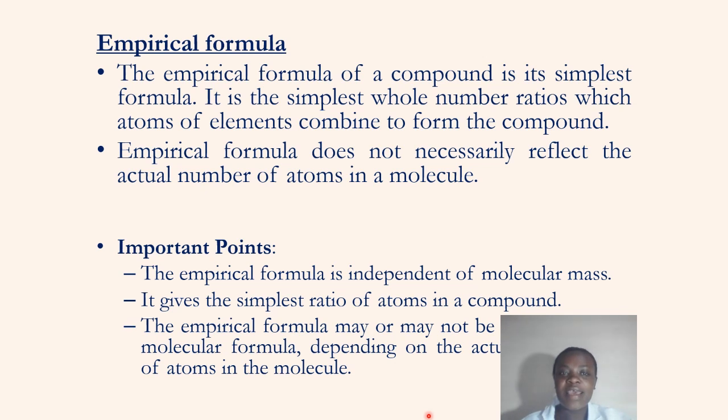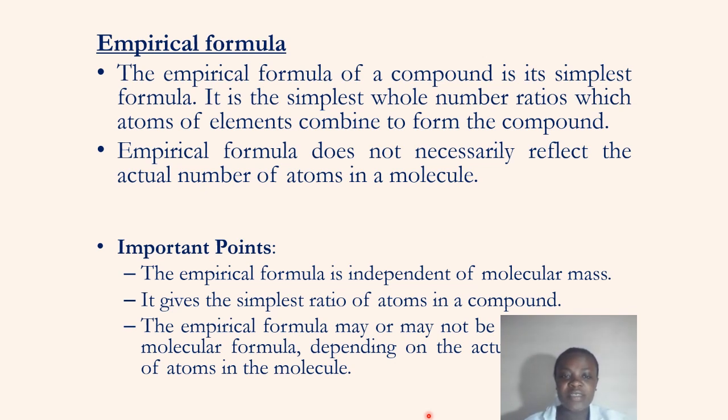We say the empirical formula of a compound is its simplest formula. It is the simplest whole number ratio in which atoms of elements combine to form the compound. Empirical formula does not necessarily reflect the actual number of atoms in that molecule.